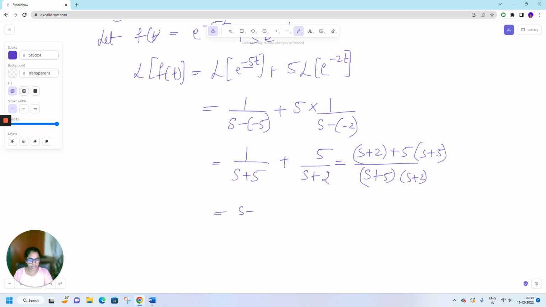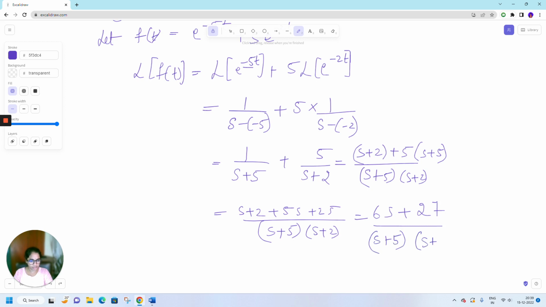It would be s plus 2 plus 5s plus 25 divided by s plus 5 into s plus 2. What is s plus 5s? That would be 6s. 25 plus 2 would be 27, divided by s plus 5 into s plus 2.